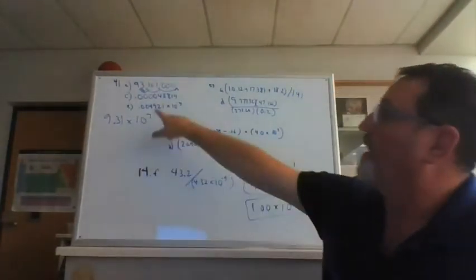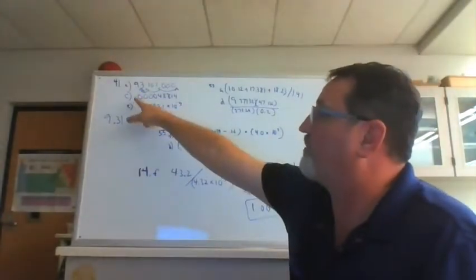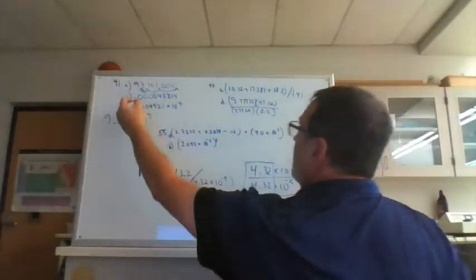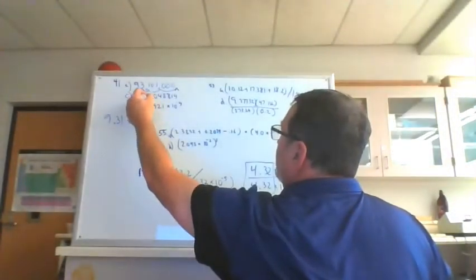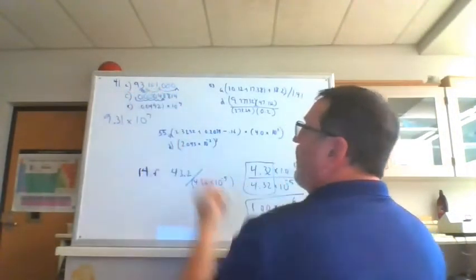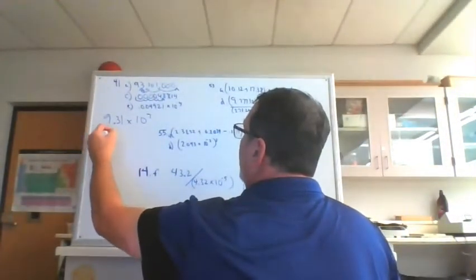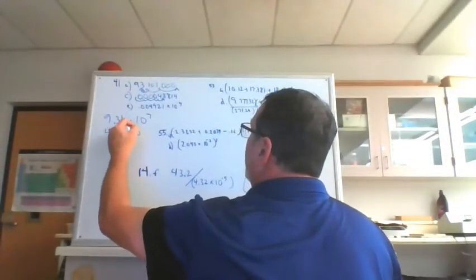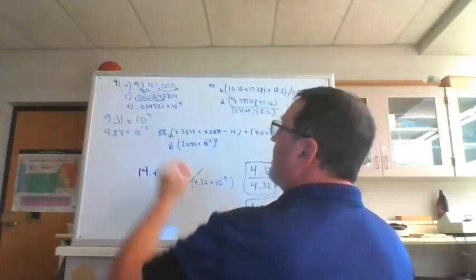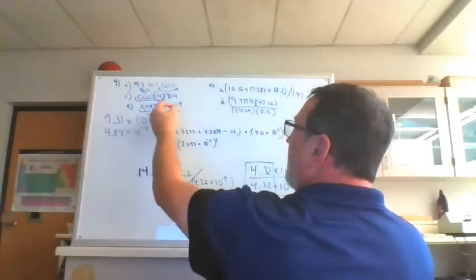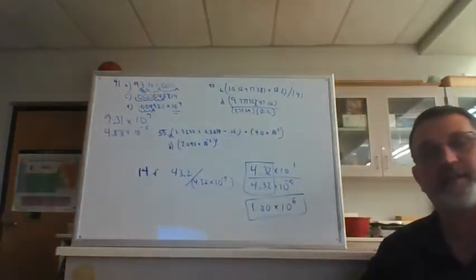Cool? Here, we do have the decimal, but to get to proper scientific notation, in this case, I have to move the decimal over 5 spots. So it becomes 4.88 times 10 to the negative fifth. Here I have to move it over 3 spots, but it's already sort of in scientific notation.